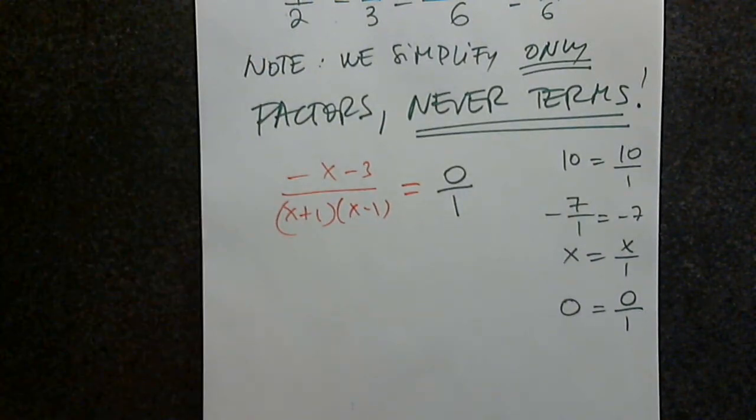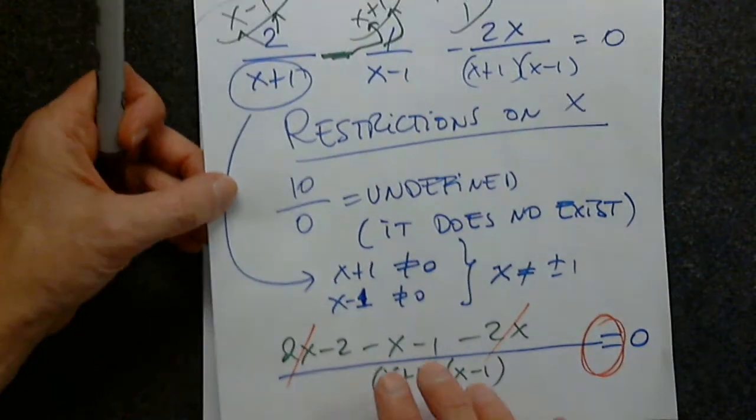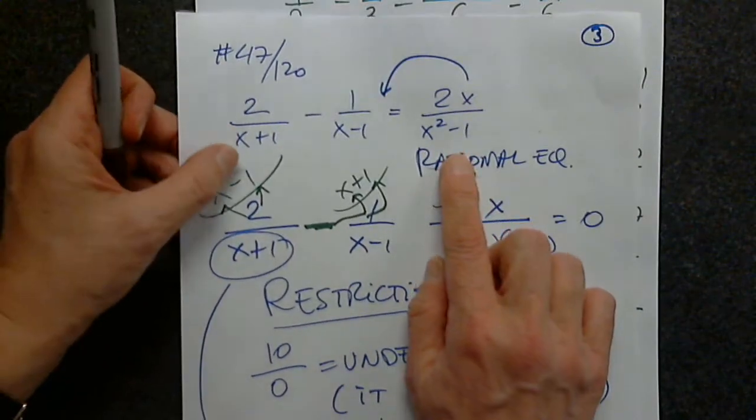Okay, other questions? I'd rather answer your question. The only question I had was when you got x plus 1, x minus 1, and you said to move the last equation to 2x over x squared minus 1, you said to move it over.